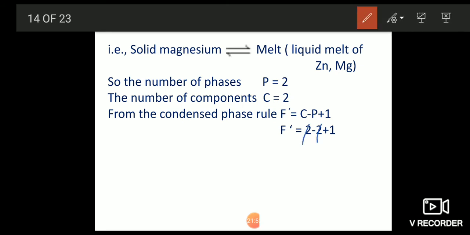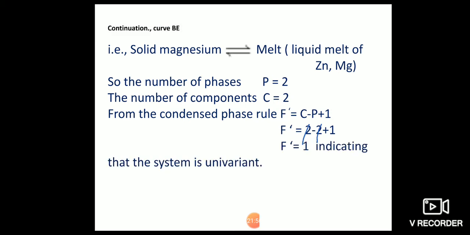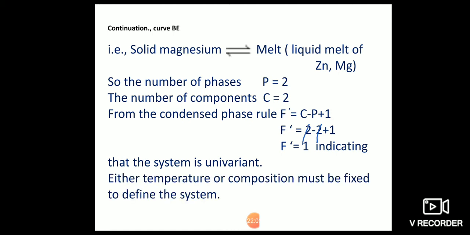Then F' is equal to 1, indicating that the system is univariant. That is, either temperature or composition must be fixed to define the system. Now, this is about the curves AC and BE.